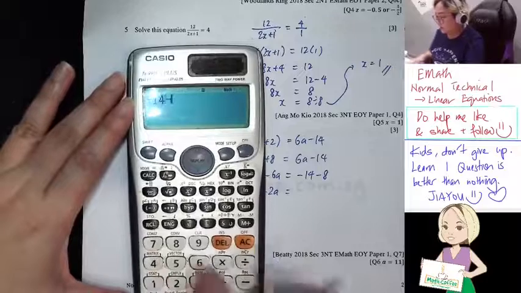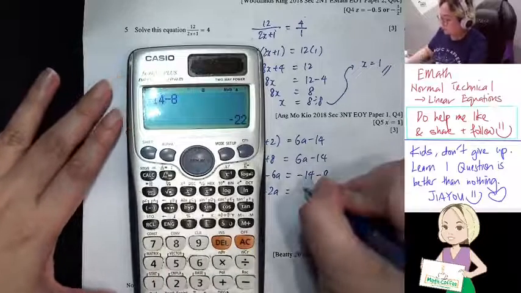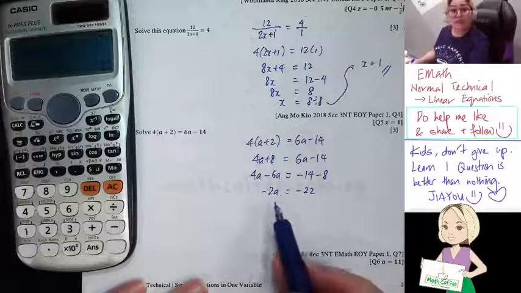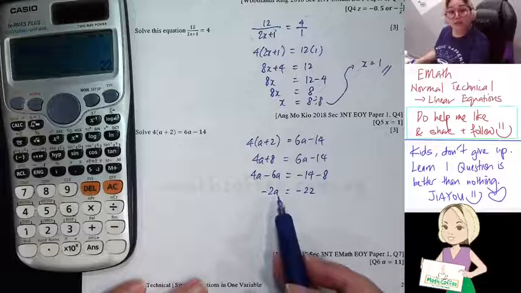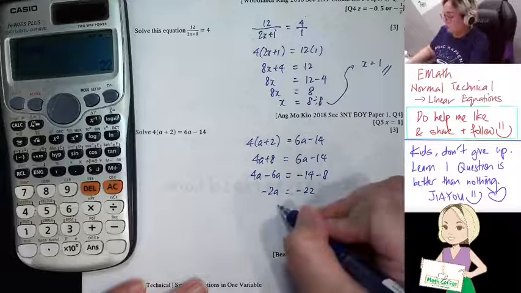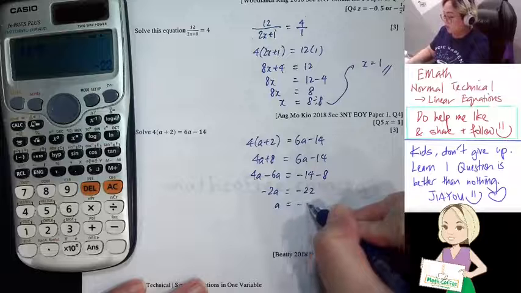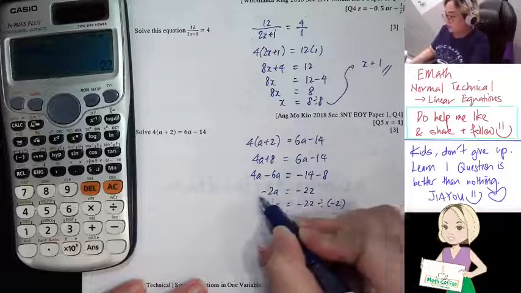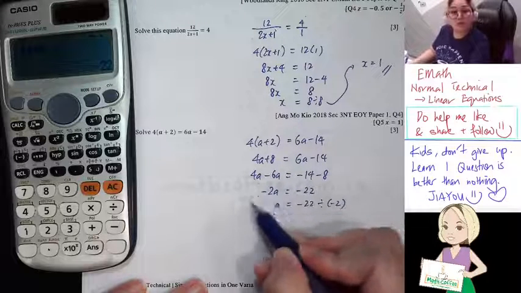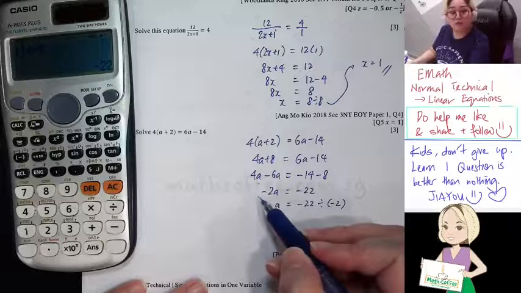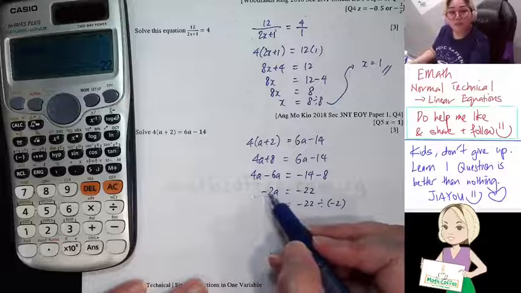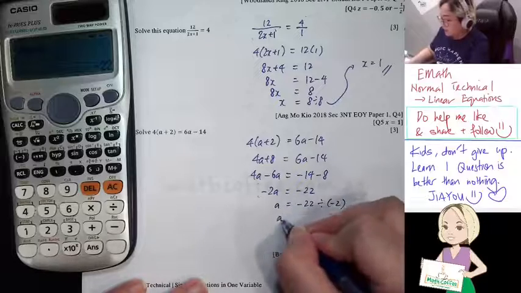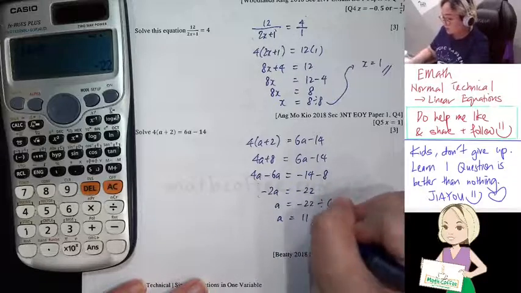Negative 14 minus 8 is minus 22. So you see this, negative 2a. Usually what I do is a equals negative 22 divided by negative 2. Just take the number in front, whether it is positive or negative. Because it's multiply, when you bring it over it becomes divide. So a equals 11. Done.